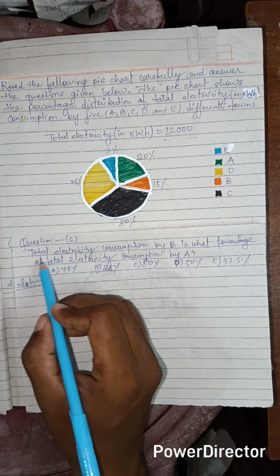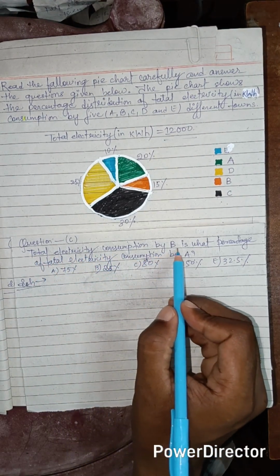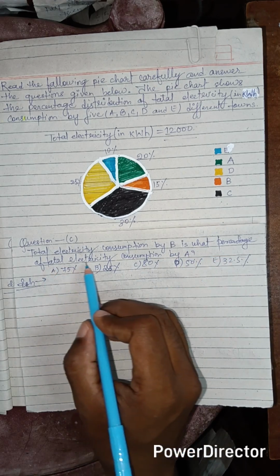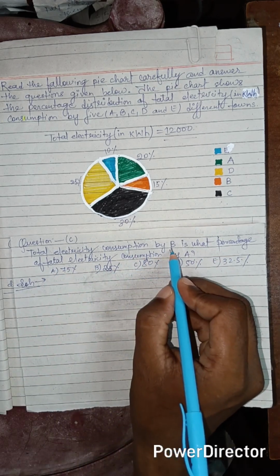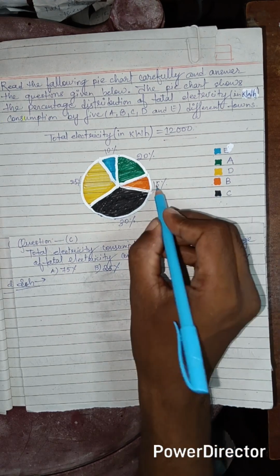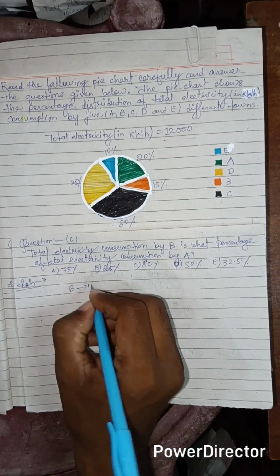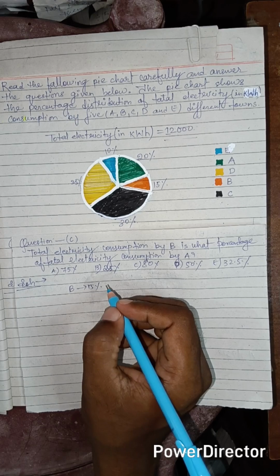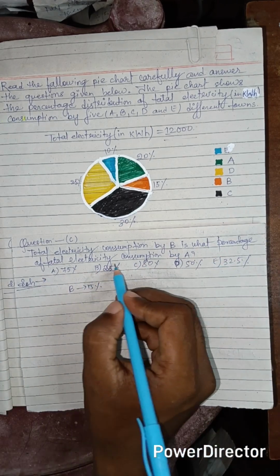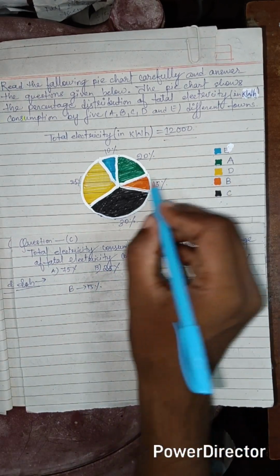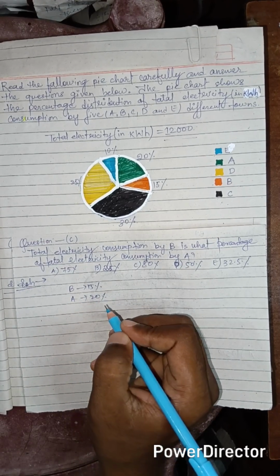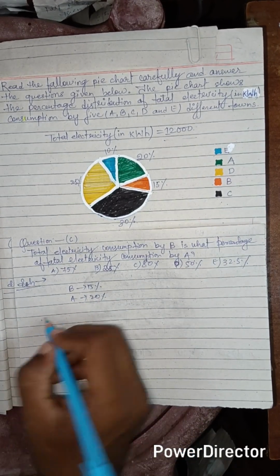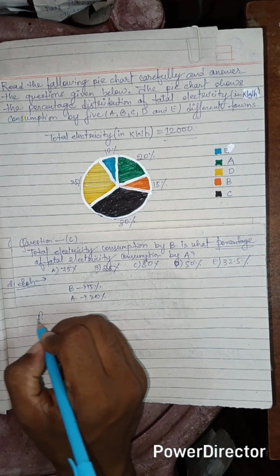The question says: total electricity consumption by B is what percentage of total electricity consumption by A. As we know, the total electricity consumption by B is 15%, and electricity consumption by A is 20%. So we have to find the percentage.